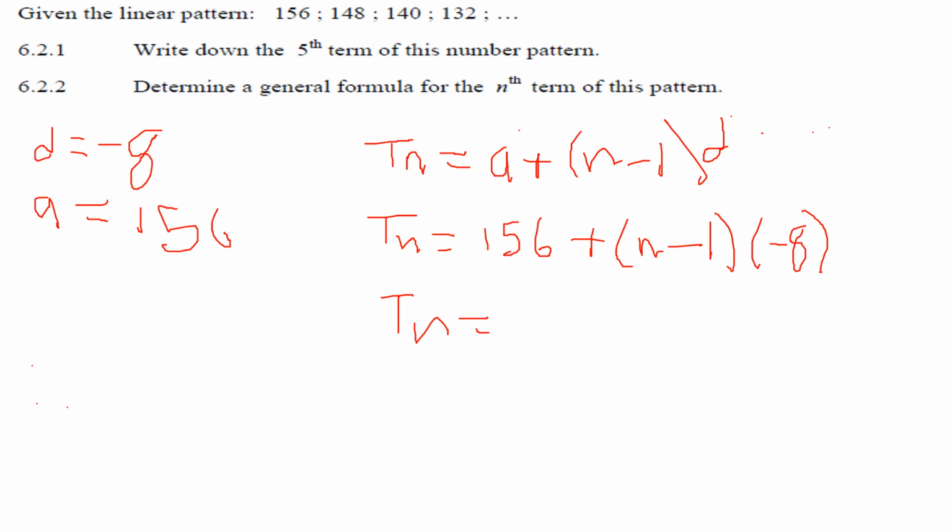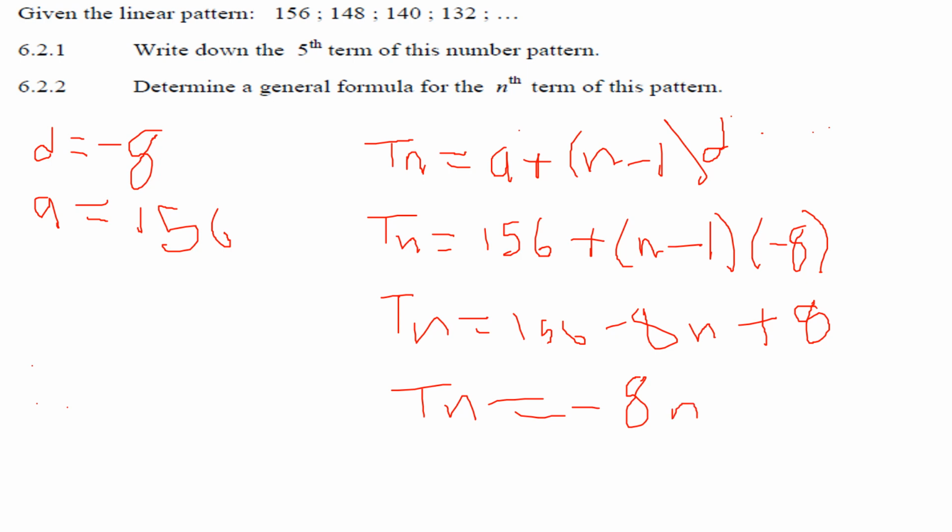Then when you simplify further, it's going to be 156, and then negative 8 multiplied by n, which is negative 8n. And then negative 8 multiplied by negative 1, which is positive 8. And then the general formula of this sequence will be negative 8n.